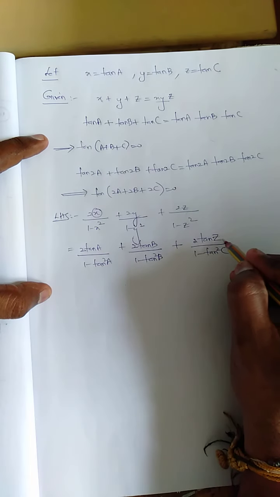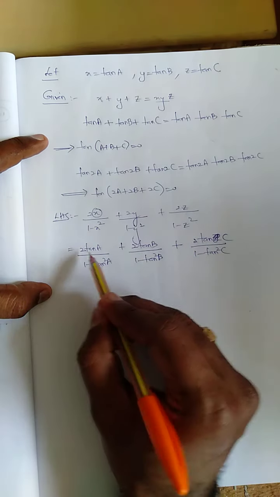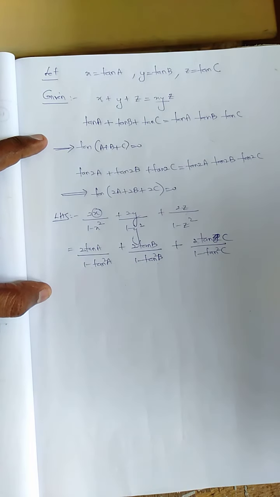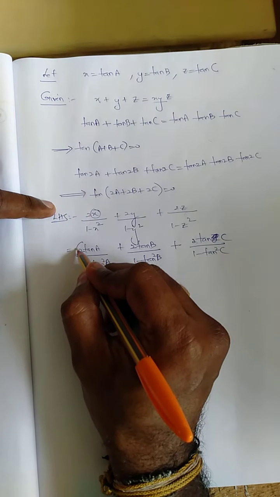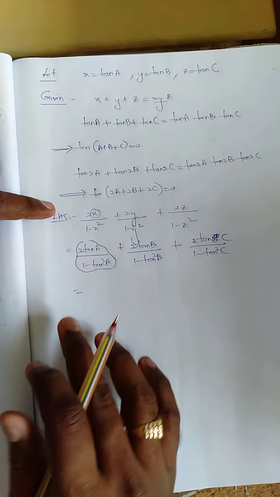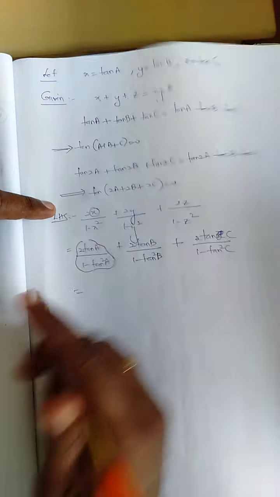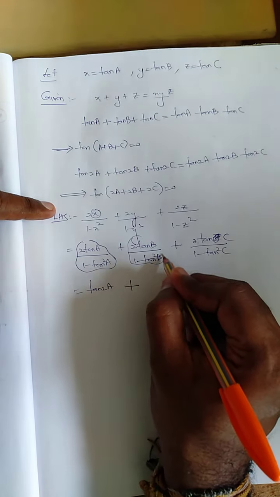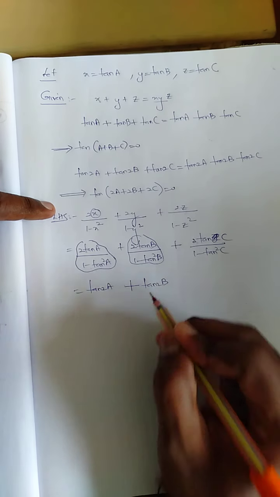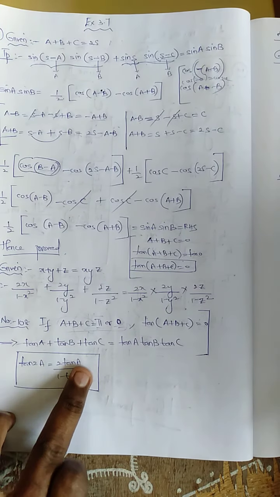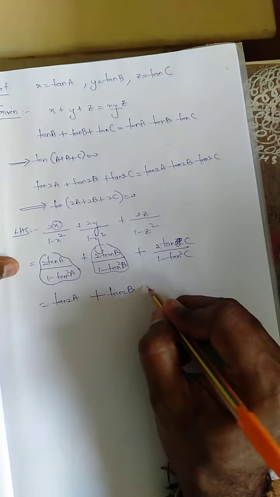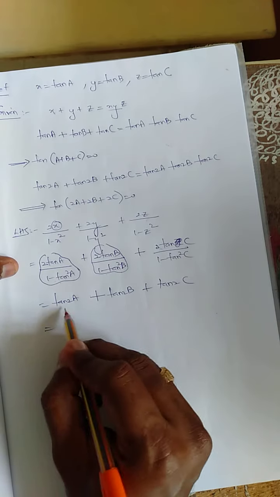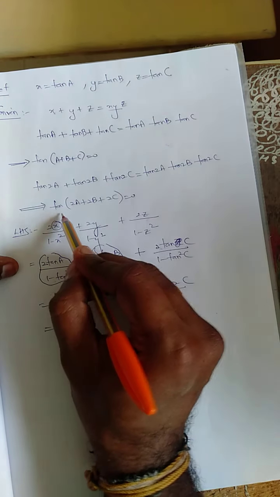What is this formula? 2 tan divided by 1 minus tan square is nothing but tan 2a, this one is tan 2b, and the last one is tan 2c. So tan 2a plus tan 2b plus tan 2c.